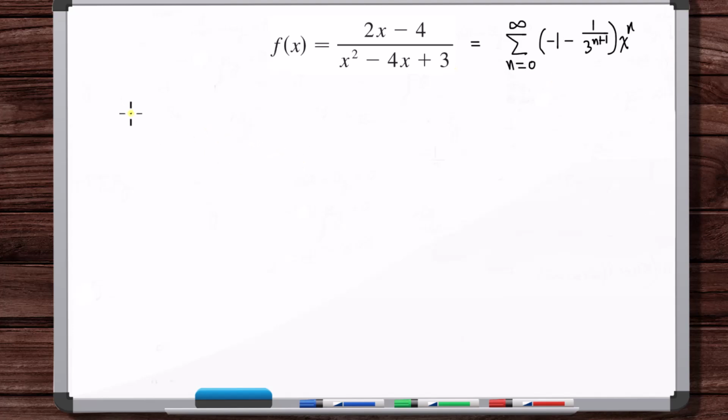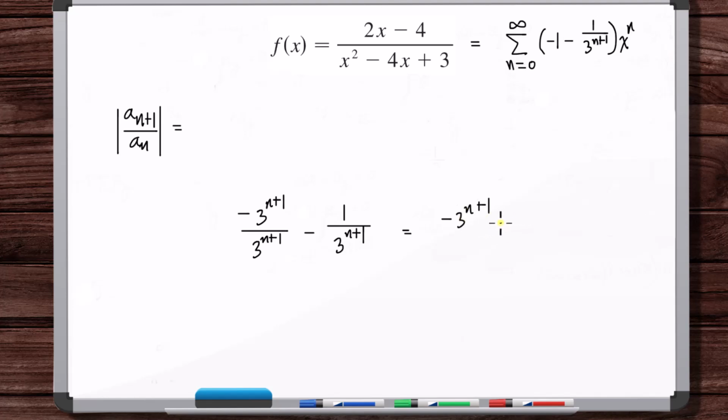Okay, so the ratio test isn't quite so simple as it normally is. So let's see if we can combine this. So we've got minus 3 to the n plus 1 over 3 to the n plus 1, minus 3 to the n plus 1 over 1. So that's minus 3 to the n plus 1 minus 1 over 3 to the n plus 1.